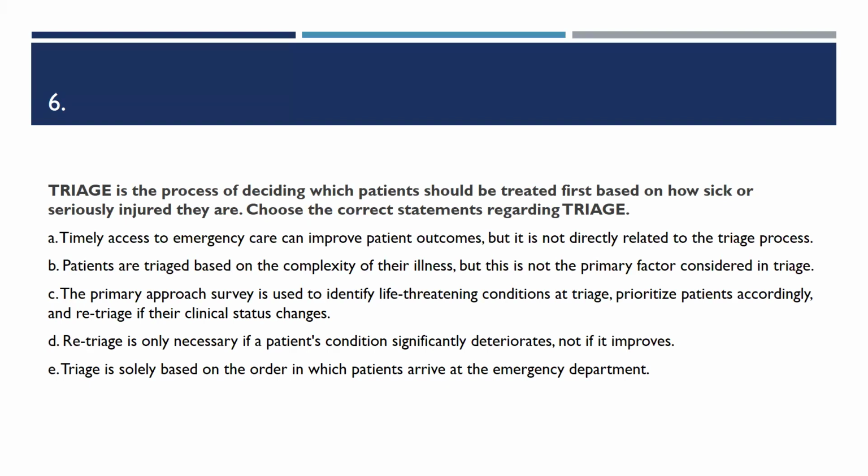C. The primary approach survey is to identify life-threatening conditions at triage, prioritize patients accordingly, and re-triage if their clinical status changes. D. Retriage is only necessary if a patient's condition significantly deteriorates, not if it improves. E. Triage is solely based on the order in which patients arrive at the emergency department. The answer is C.